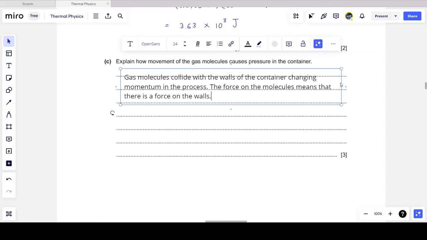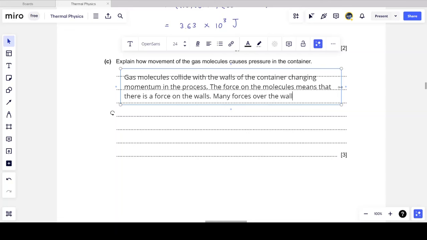So if the molecules feel forces, then the walls also feel forces with these collisions. That's all collisions do, because of Newton's third law. Newton's third law says if you're going to impart a force on the wall, the wall's going to impart a force on you, and vice versa. And what we have is more than one collision. So we have many forces acting over the entire surface area of the wall.